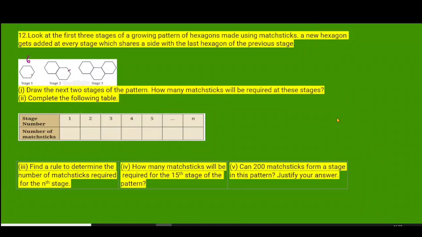So the next 2 stages: this is the first stage, second, third, then the fourth stage. I'll draw stage 4 here. First hexagon, then this side shared with the next one. This is second. Then this side shared with the third one. Now for the fourth one, once again we need to share a side and make the hexagon. So this is stage 4.